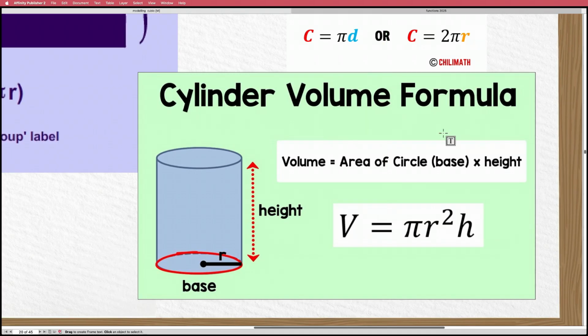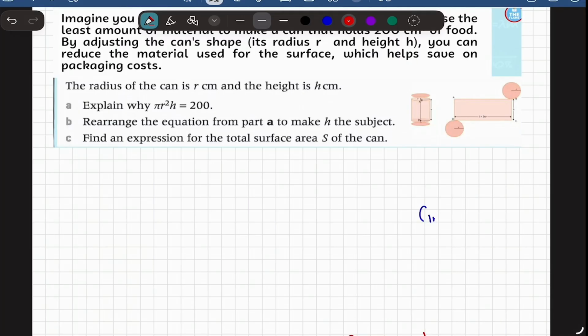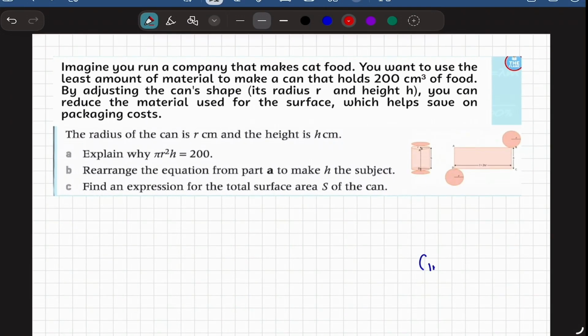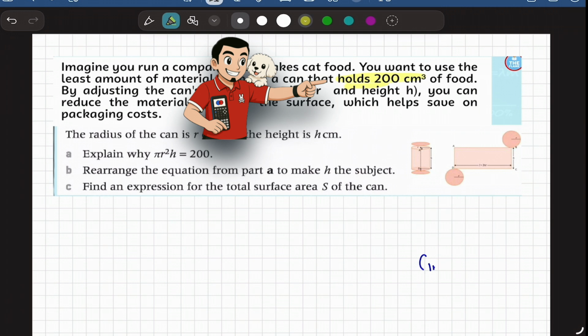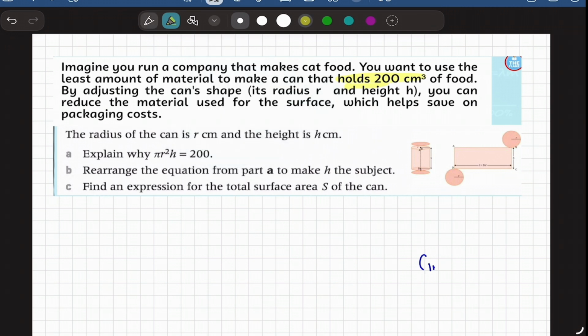If you don't remember, this is the formula for finding the volume: pi times radius squared times h. In the exercise, the problem is telling you the can holds 200 centimeters cube. When we have centimeters cube, this means that this is volume.